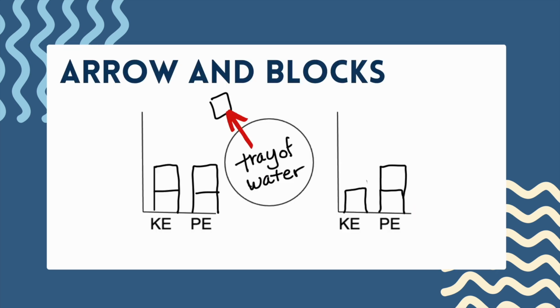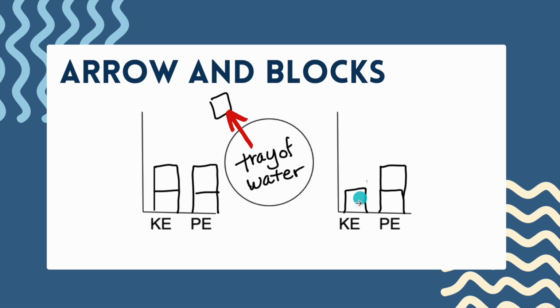So when we look at these LOL charts, they have arrows and blocks that become very important. So you'll see here in this case, it's showing the kinetic energy or thermal energy as having 2 blocks, and then the potential energy as having 2 blocks. My system is the tray of water, and you can see here there is an arrow pointing out that's showing that energy is leaving the system.